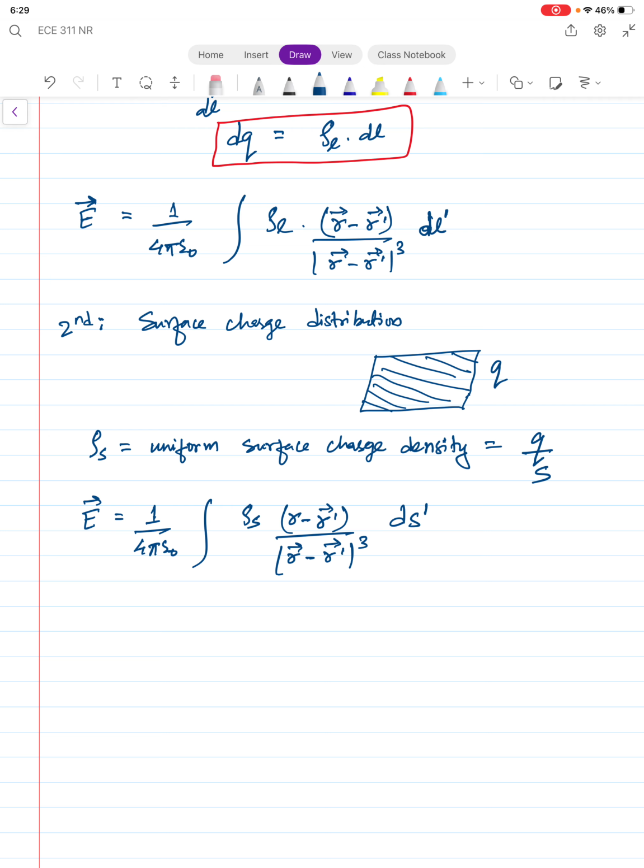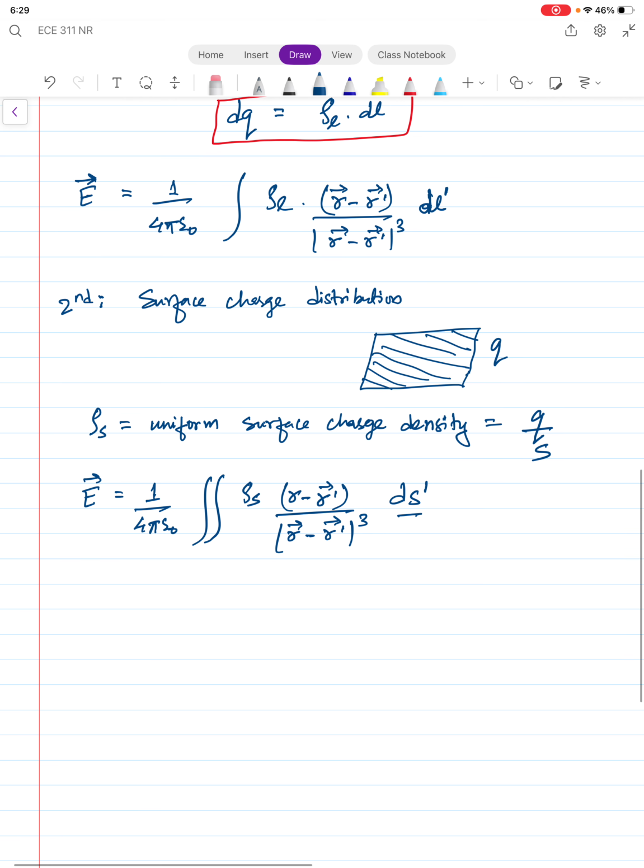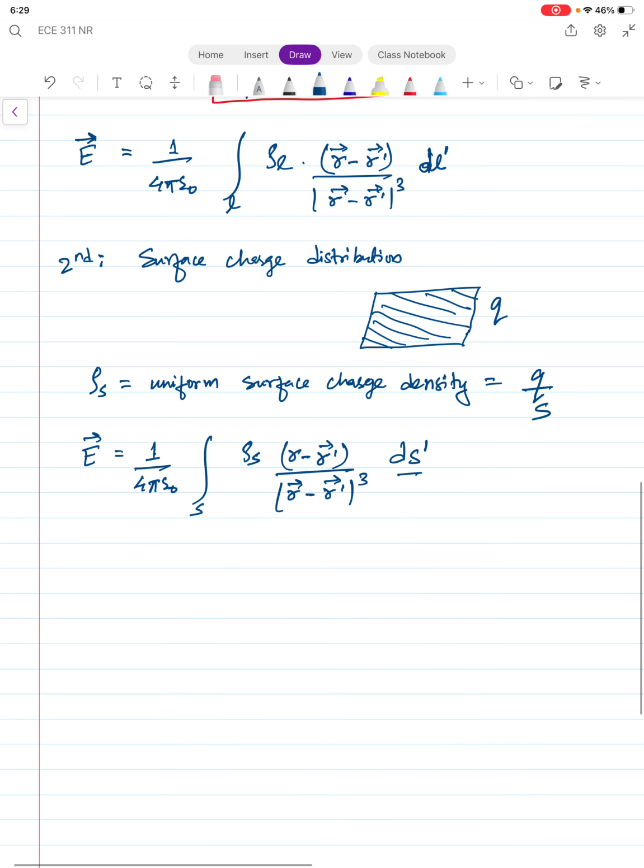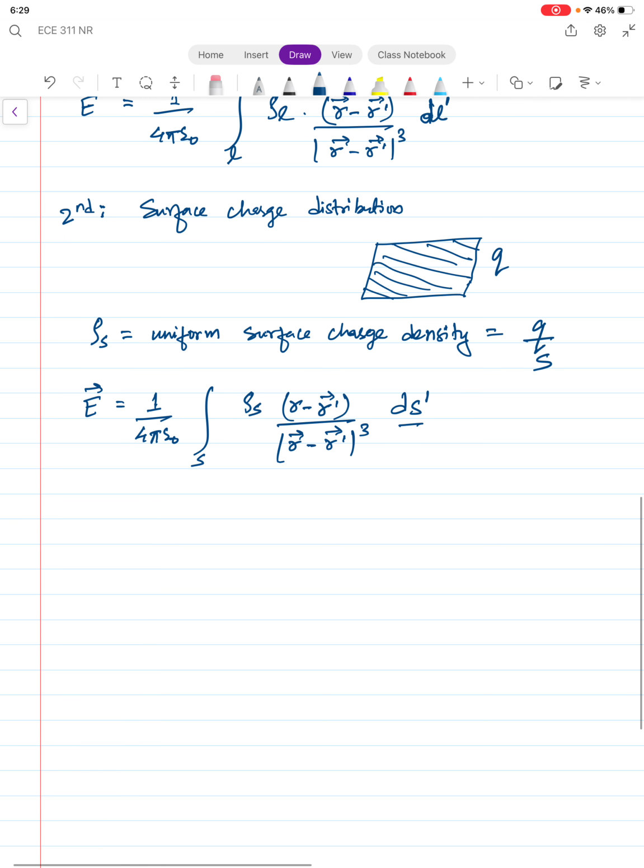And since we have ds over here, this is actually a double integral, or in other words, I can simply write a subscript s, a subscript l for the earlier one, subscript s for this current integral. Okay, so that was our second scenario.